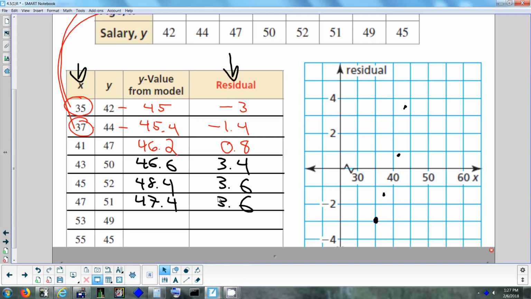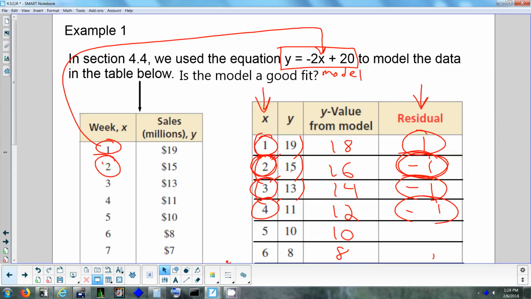That one's right on the line. 3.6. Well, 3.6 is a little bigger than 3.4, so try to make it a little higher. And the last one, 47, 3.6, so about the same height as the last one. So are those points close to this horizontal line? No, they're much further away than if I go back to this one.